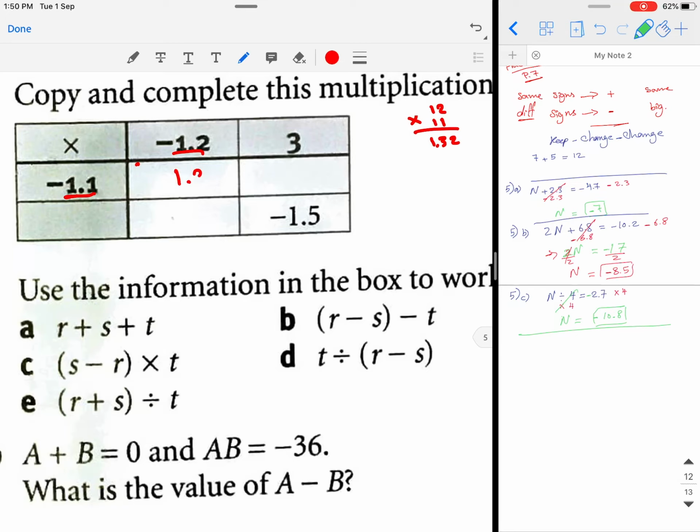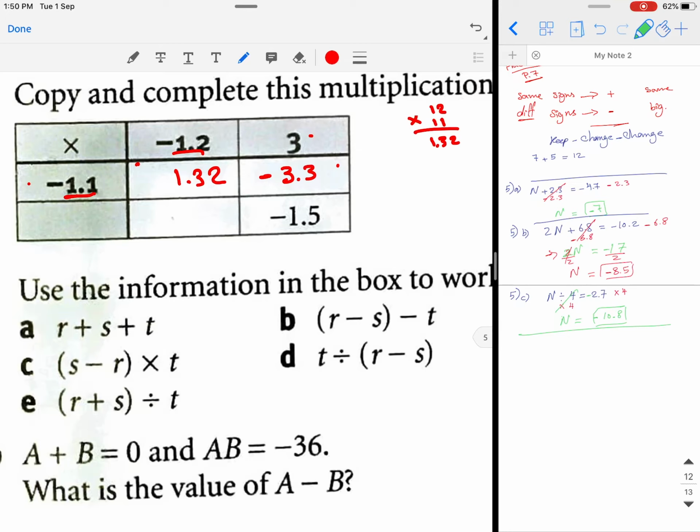So it's 1.32. What about the sign? Negative multiplied by negative, it's positive. So I will keep it positive. The same here, if I need to get this box, 3 multiply 11, 33. But it's not 11, actually, it's 1.1. So I will make it 3.3. What about the sign? One positive and one negative, then the result is negative.